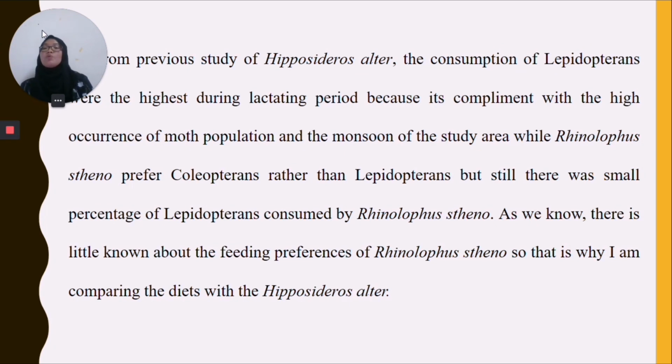Okay, but there is still a small percentage of Lepidoptera consumed by Rhinolophus stheno. So here I can see that maybe Rhinolophus stheno consume beetles because at that time it maybe complemented the high occurrence of beetle population at the study area.